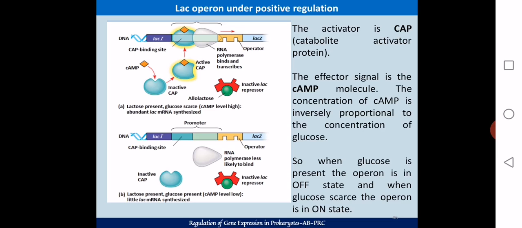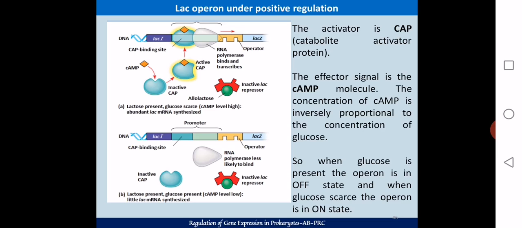So the positive regulation in the lac operon is usually denoted as catabolite repression. Here the activator molecule is called CAP, or catabolite activator protein, and the effector signal is the cAMP molecule, right?